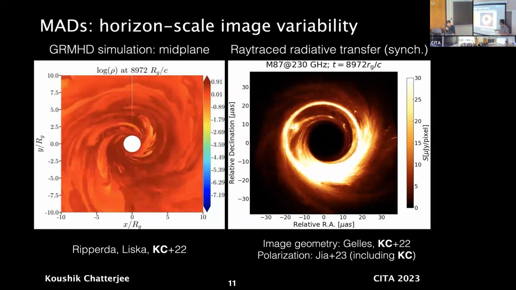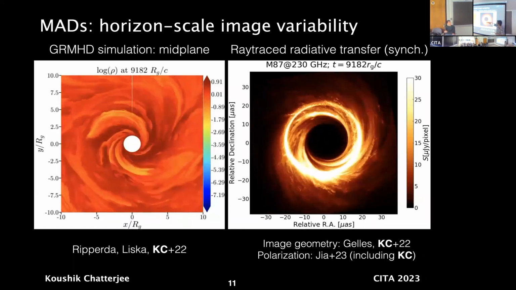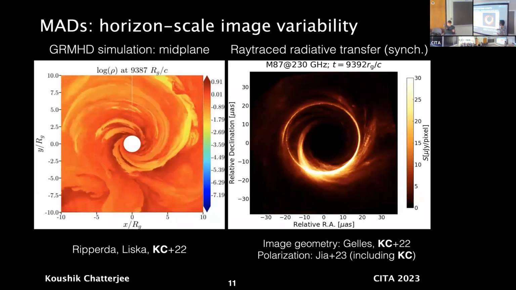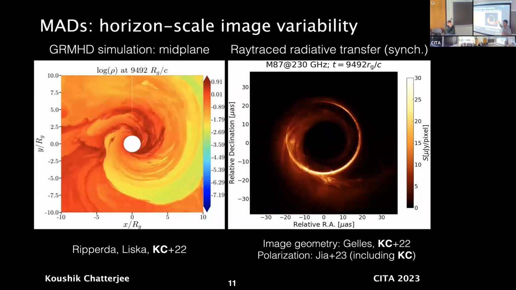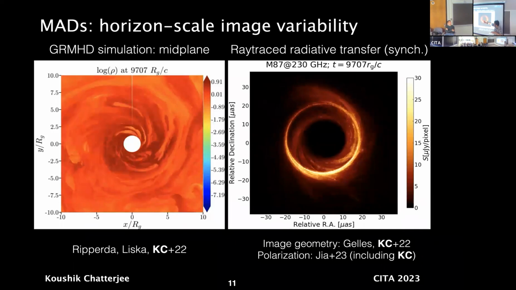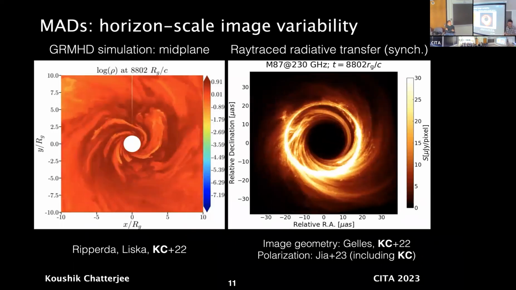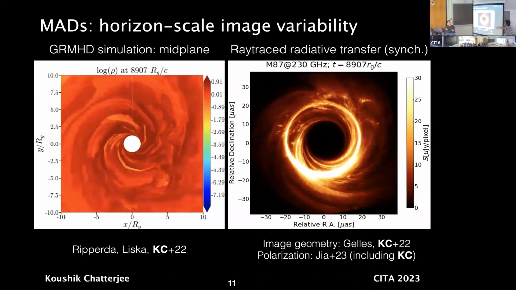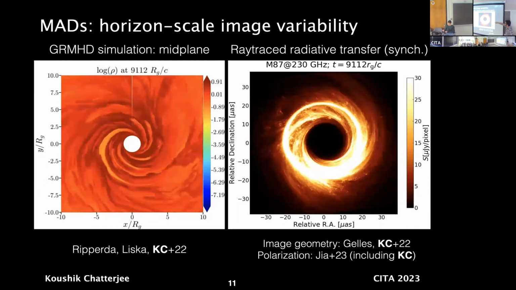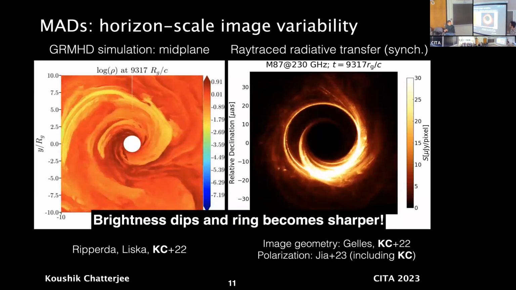One was the image geometry during such a flare, because depending on where the exact flux tube is and at what point you're looking at it, the image morphology changes by a lot, because the disk becomes so non-axisymmetric. And then we also looked at the polarization features of this. You get a huge decrease in polarization fraction during this event. So the brightness dips and the image becomes sharper.